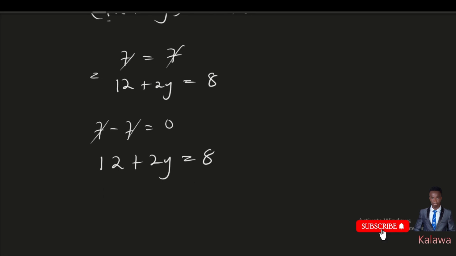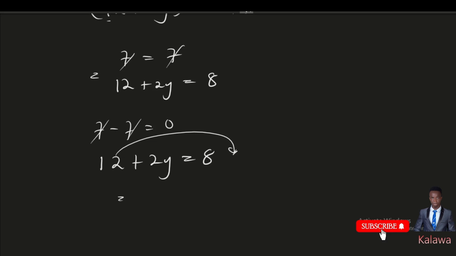So if we are looking for the value of y, we transpose the constant. So we are going to transpose 12 to 8, constant to constant. Remember, when you are transposing, the sign changes. If here is positive, when you are transposing, it becomes negative. If here is negative, when you are transposing, it becomes positive. Take note of that.